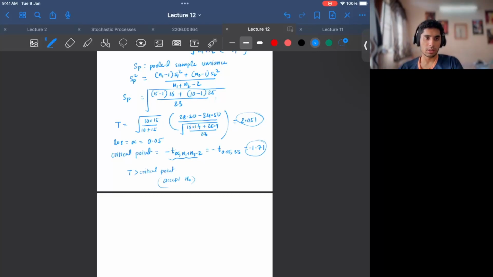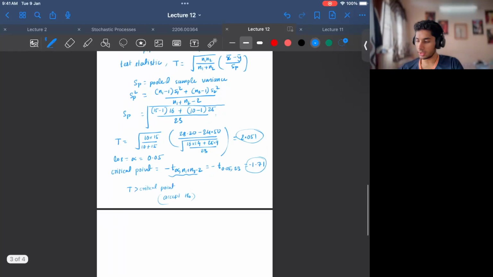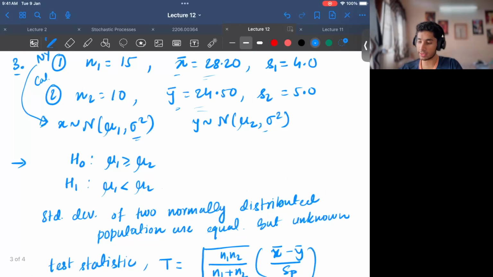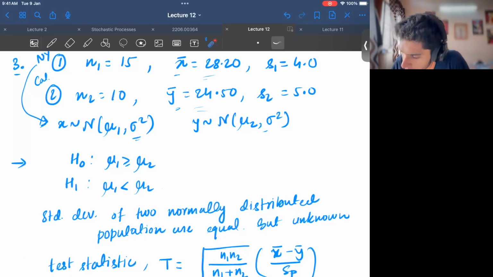Okay, so let us look at another question. This one is again about comparing the means of two populations. However, here the question goes one step further. In the last one, the population variances were the same.